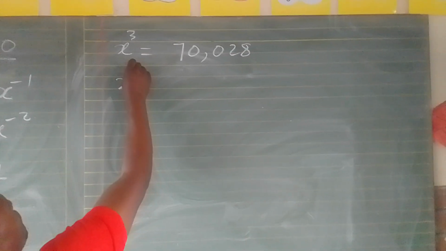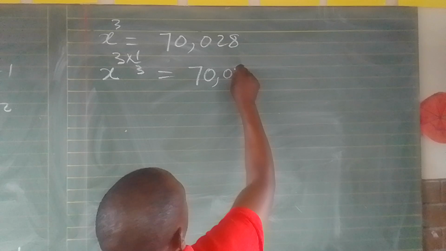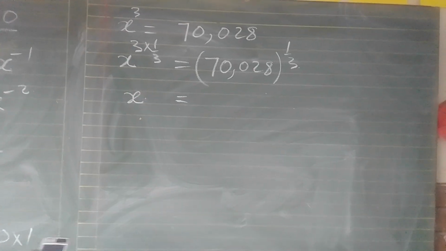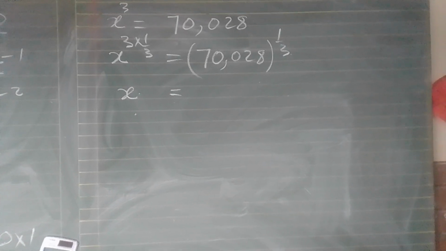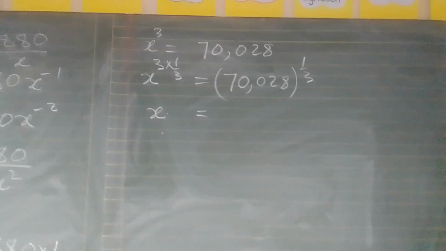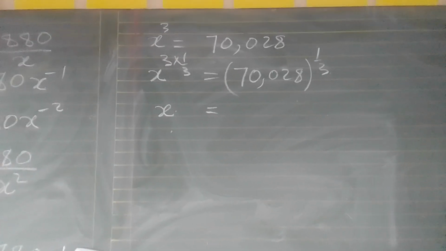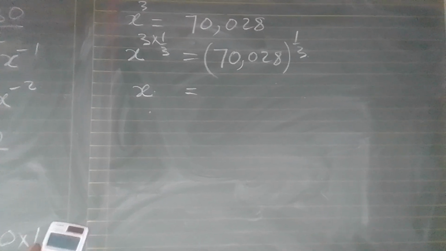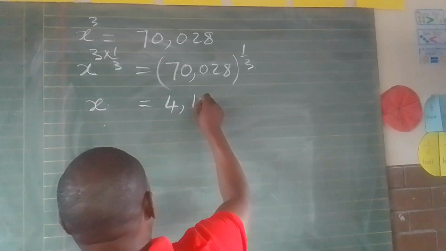Now we're going to raise this to the power 1/3. We raise 70.08 to the power 1/3, which is going to be x is equal to 70.08 raised to the power of 1/3. It is going to be 4.12.